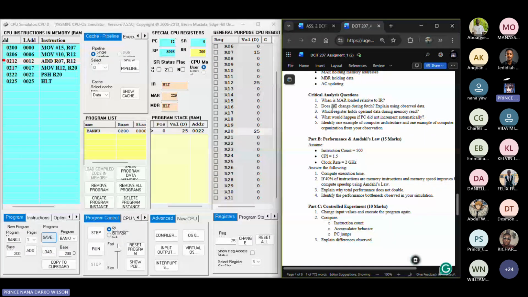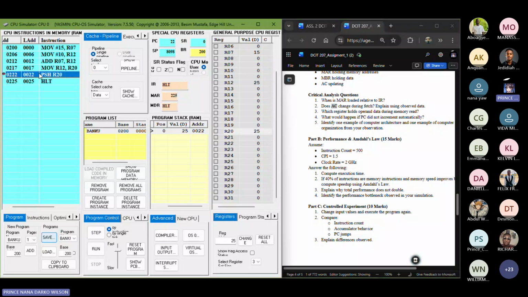So you can observe here that when we're fetching an instruction, for example a random instruction such as the push instruction, there was no change done to the accumulator. The reason why I'm not using the move instruction is that during a single cycle, there is a fetch, a decode, and an execute, right? Unlike in the Little Man Computer, fetching, decoding and execution have been done in a single step.